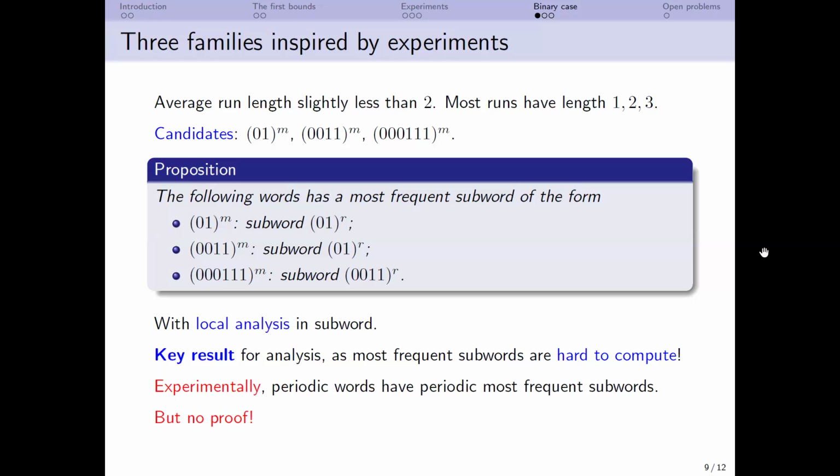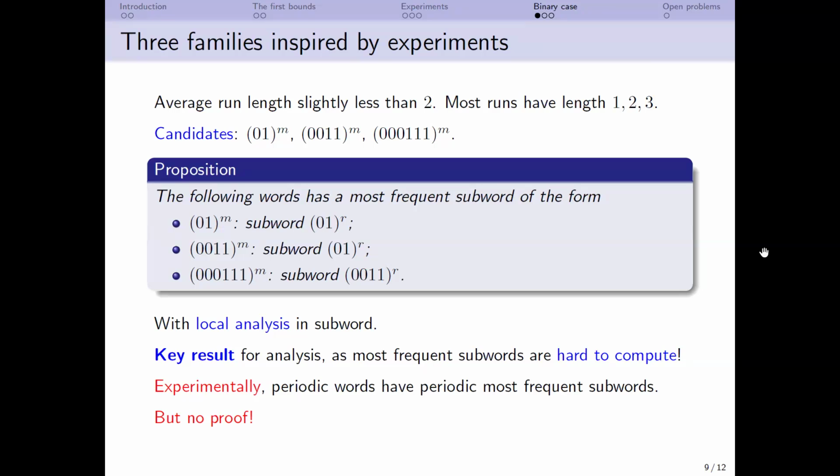Well, they will be words of run length 1, 2, and 3. And for them to be analyzable, we better hope them to be periodic. So the natural candidates would be the words of run length 1, 2, or 3 which are periodic. So the 3 candidates we have are of period 0, 1, or 0, 0, 1, 1, and then 3 0s, 3 1s.